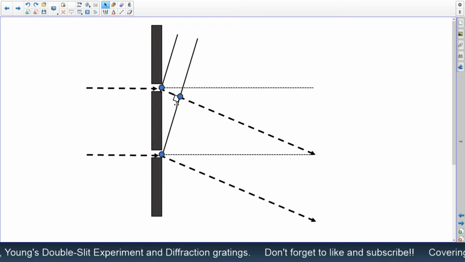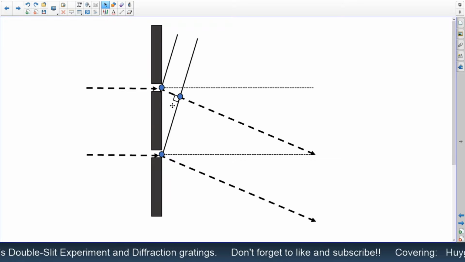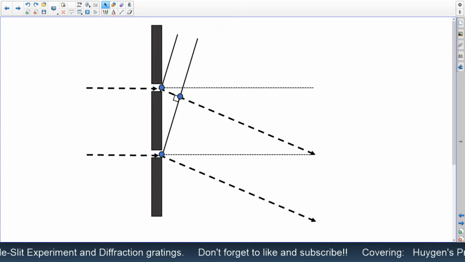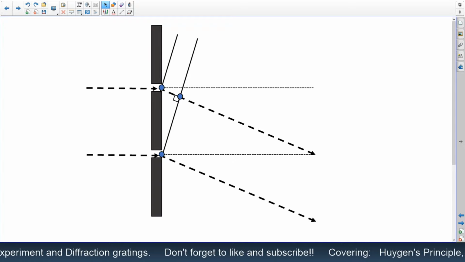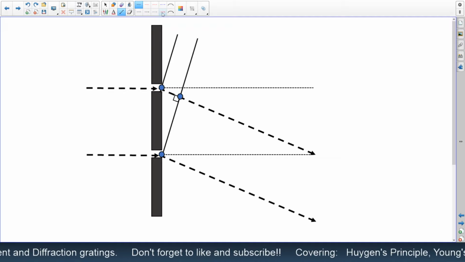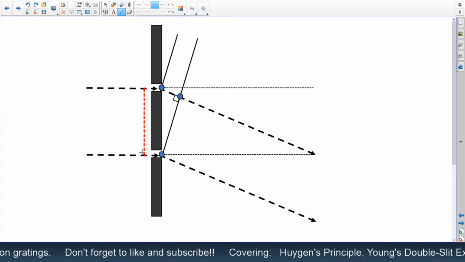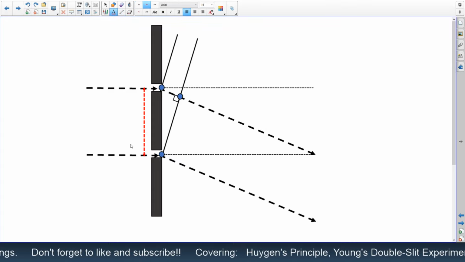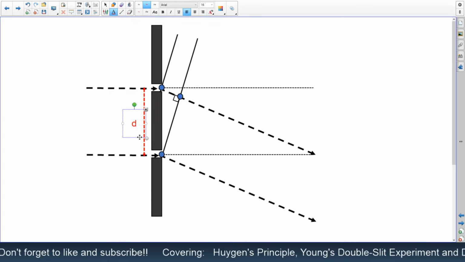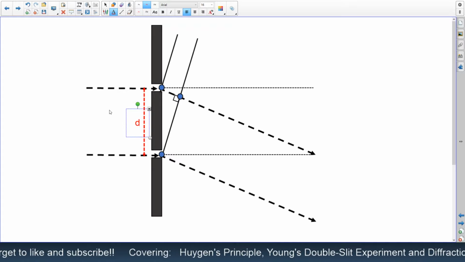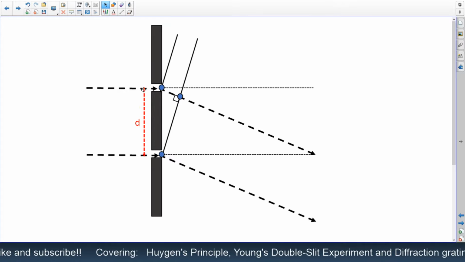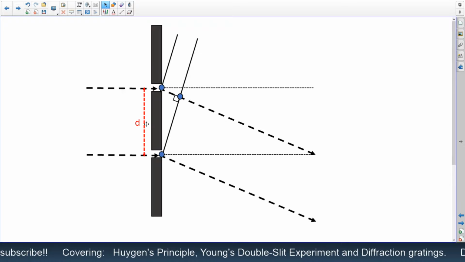Okay, now let's take a look at some distances and some setups here. So let's say that the distance between any two given slits here, let's call this distance d. Not to be confused with the distance D from the Young's slits experiment, which was the distance to the screen. This is simply the separation between any two adjacent slits.